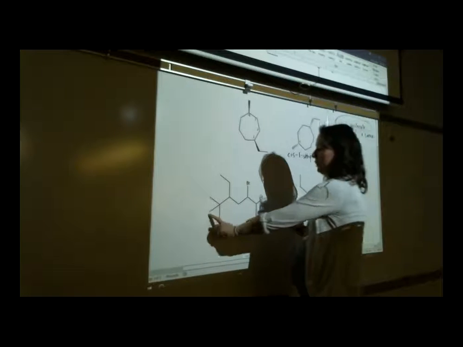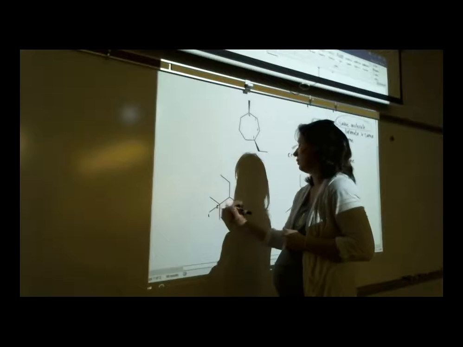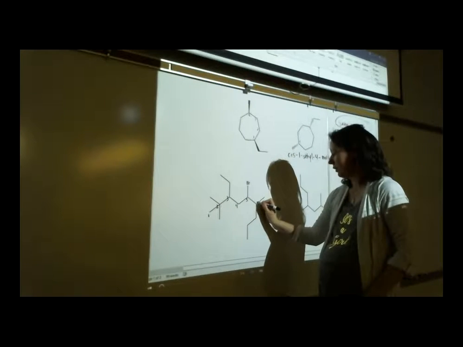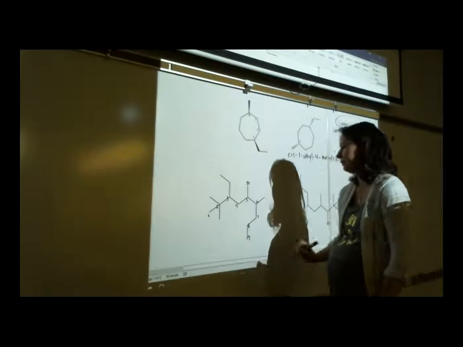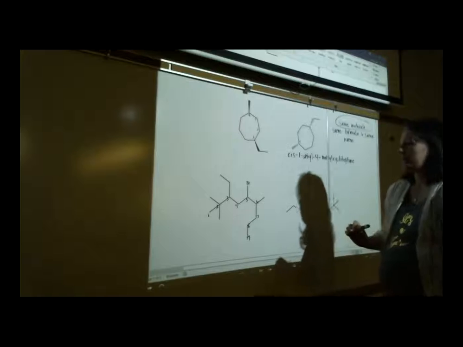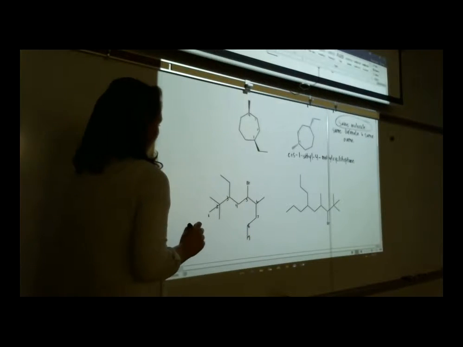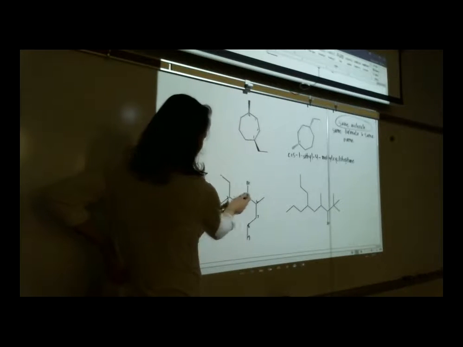And actually, this is going to be carbon number 1, right? 1, 2, 3, 4, 5, 6, 7, 8, 9. All right, let's name it. I'm trying to stand in a place where I won't block the projector. Let's see, we've got ethyl, methyl, methyl, bromo.